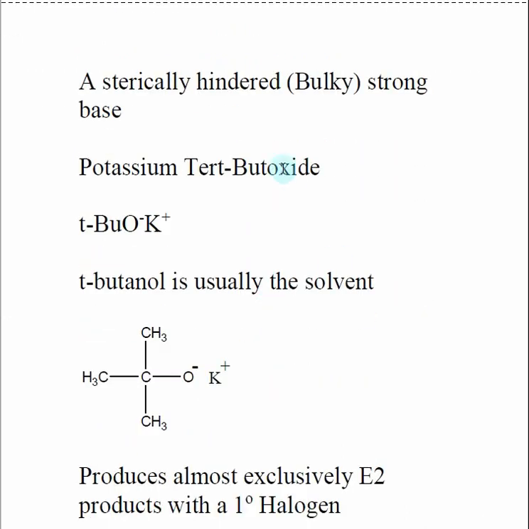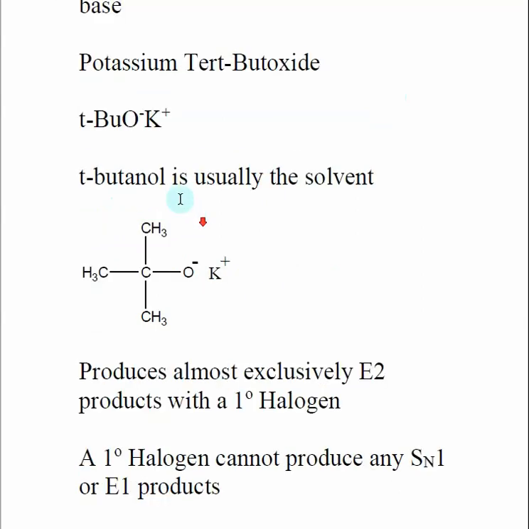This is called a big bulky base, and the base is called potassium t-butoxide. Sometimes it's written tBuO minus K plus. There's a few different ways of drawing it. T-butanol is probably the solvent, but this is t-butoxide. This is my big bulky base, and the idea is this base is very sterically hindered.